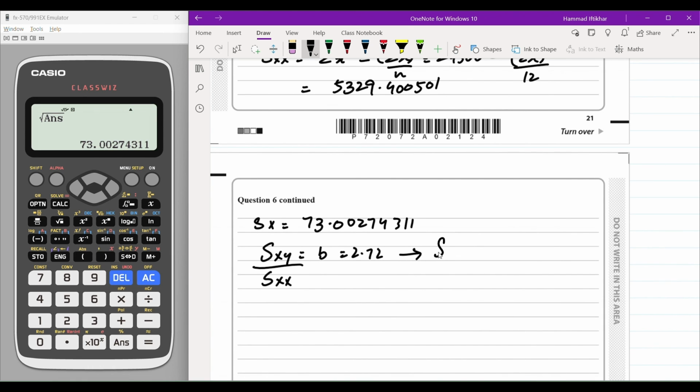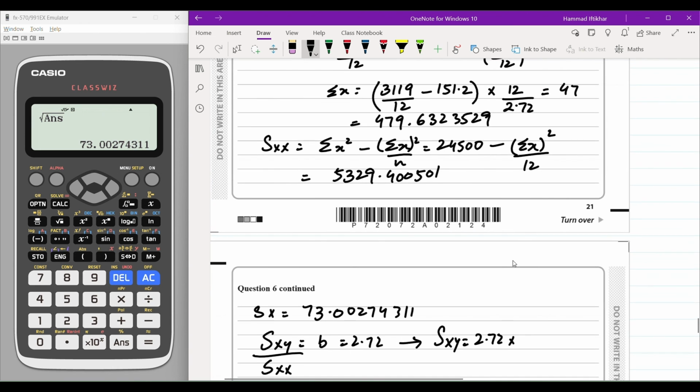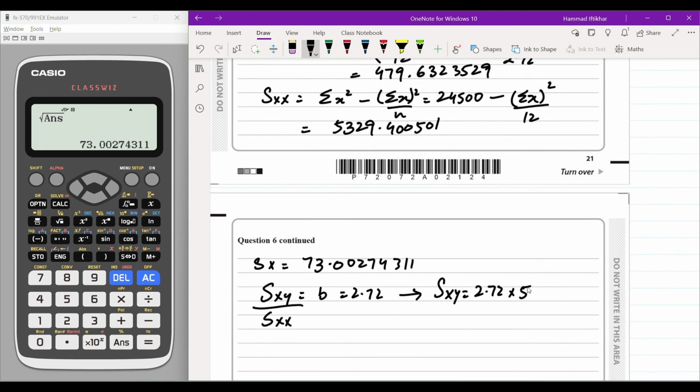So Sxy is equal to 2.72 times Sxx, which is 5329.400501. That times 2.72 is 14495.96936.